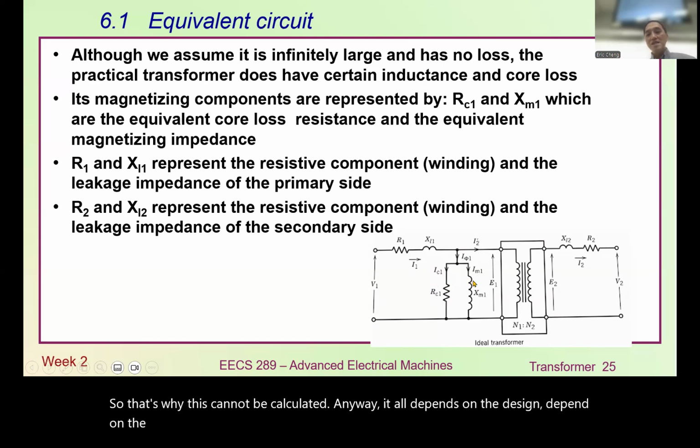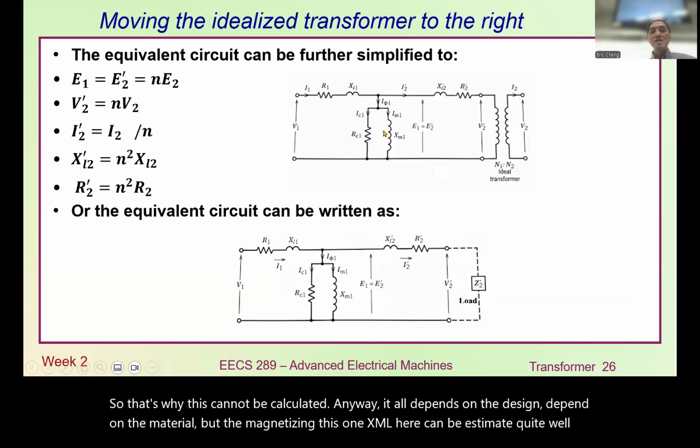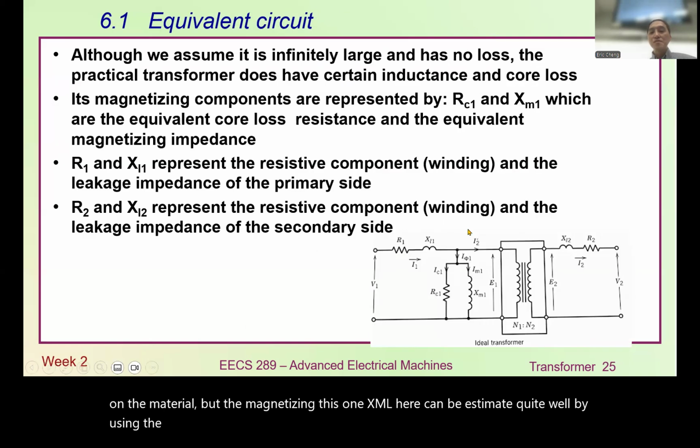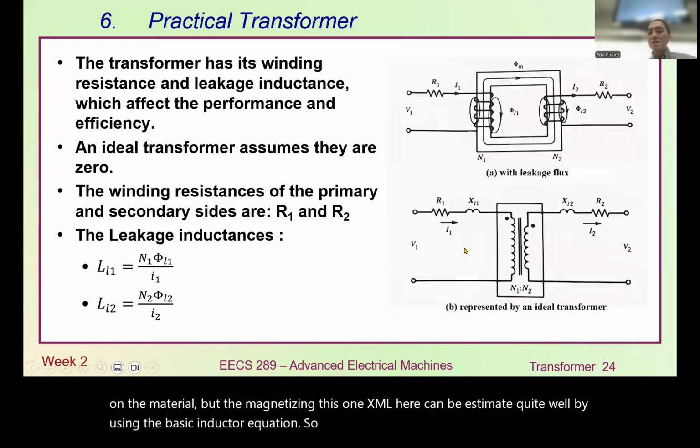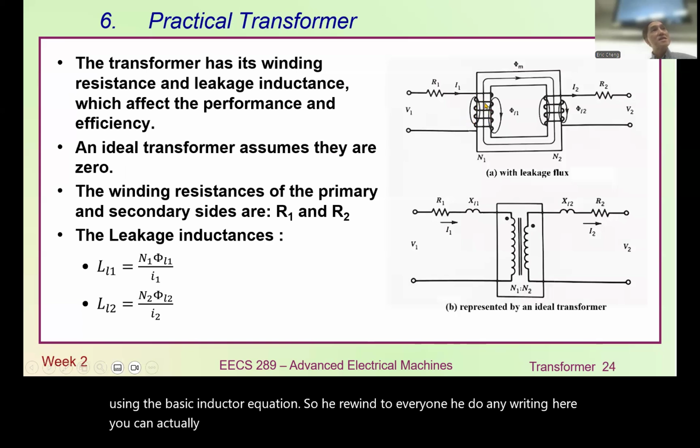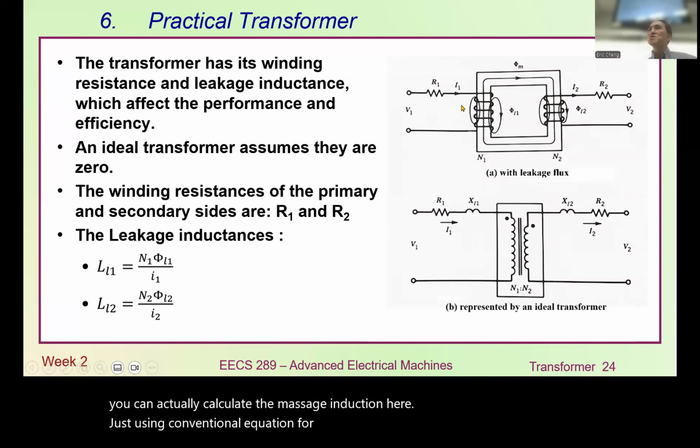But the magnetizing reactance XM here can be estimated quite well using the basic inductor equation. If you do any winding here, you can calculate the magnetizing inductance just using the conventional equation for an inductor, and they will be very close to each other.